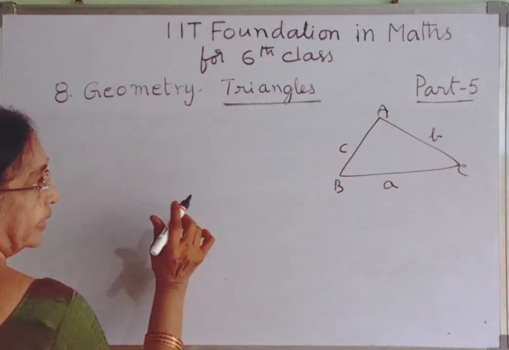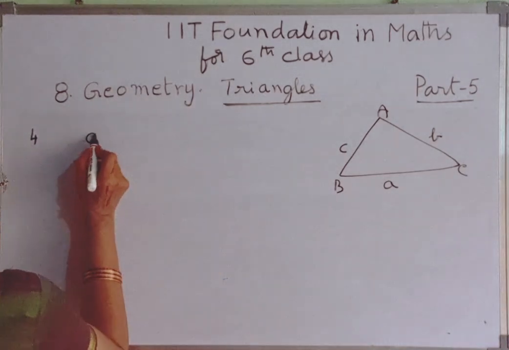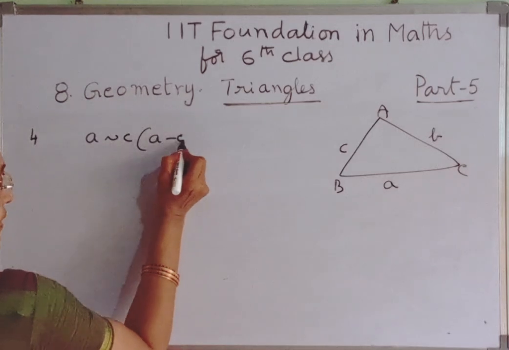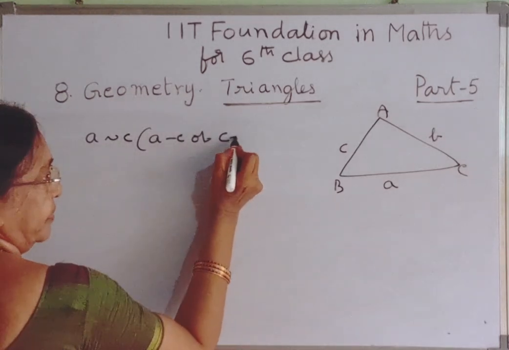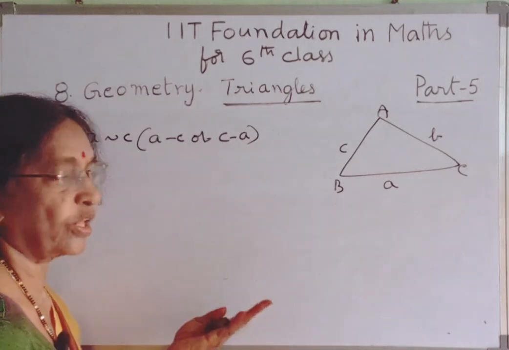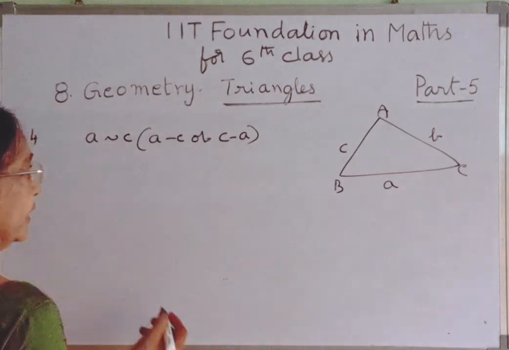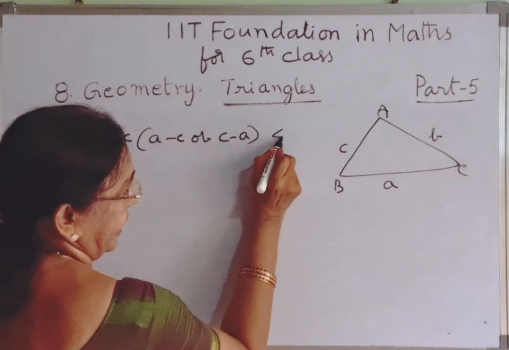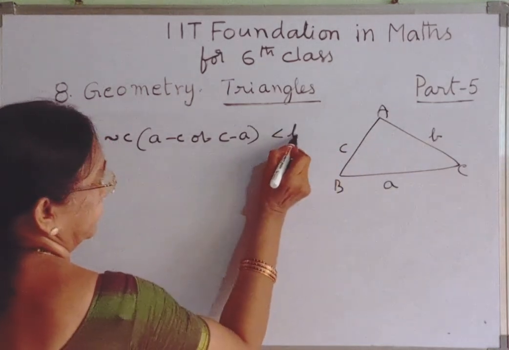So the difference between any two sides, a minus c or c minus a, whichever is greater, the smaller one is subtracted from the greater one. So the difference of a and c is less than b.